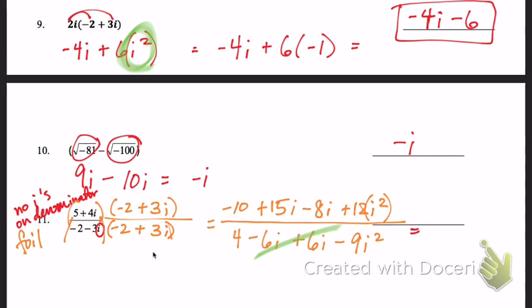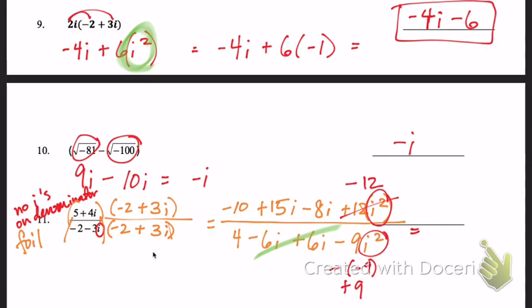When I simplify the top, I'm going to change this to be negative 12. And I'm going to change this to be minus a negative 9, which becomes plus 9. Then I'm going to combine my like terms.